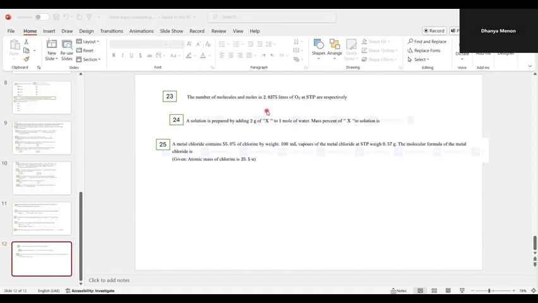And the mass percentage of X in solution is asked. They have asked for the mass percentage.